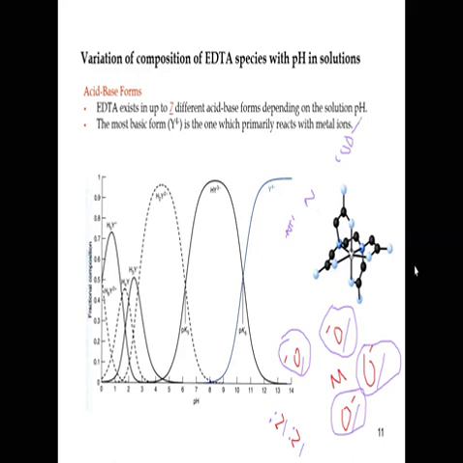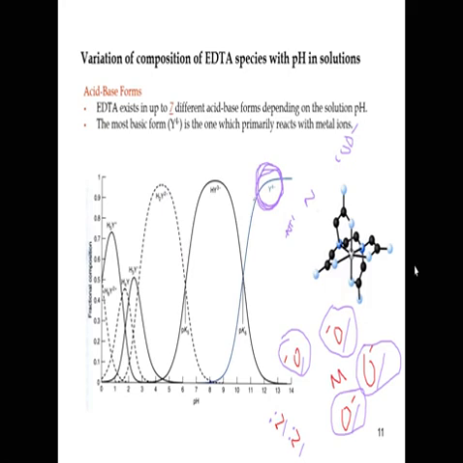So that is what you need to make the coordination bonds to the metal ion, to make the complex between EDTA and the metal ion. This is the species we need, this one. So you have to think about that.